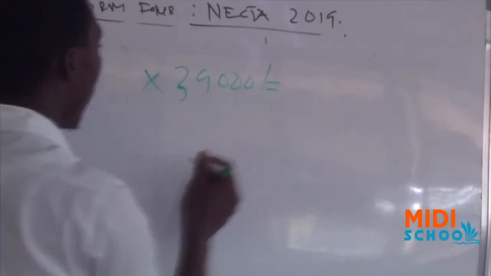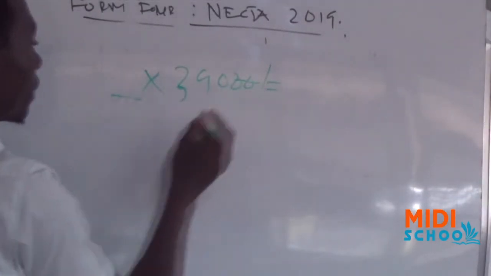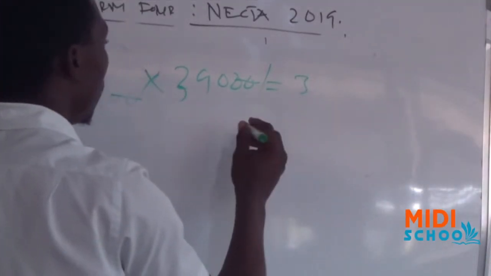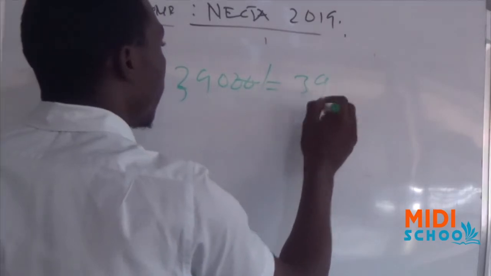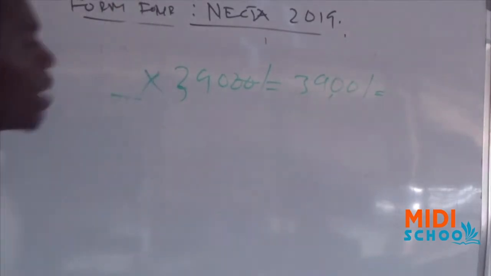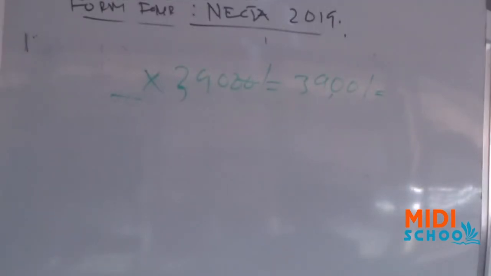So here we get, this one will cancel with this one. This is the amount she spent to buy books.